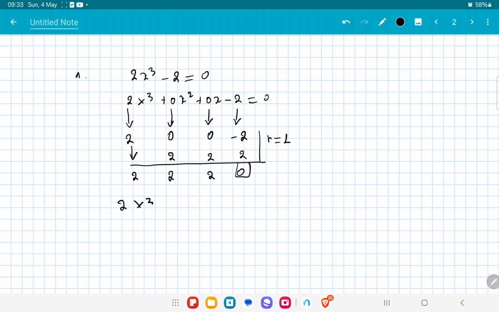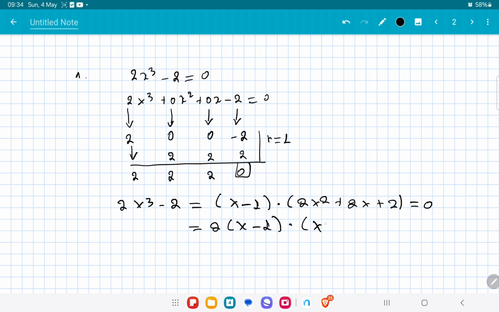So 2x^3 - 2 can be written as (x - 1) times (2x^2 + 2x + 2) = 0. From here I can take common factor 2: 2(x - 1)(x^2 + x + 1) = 0.